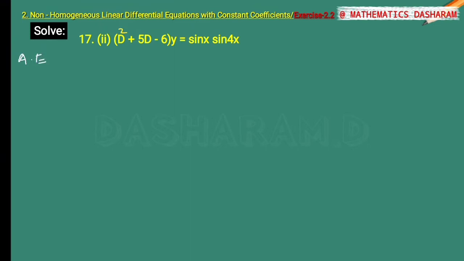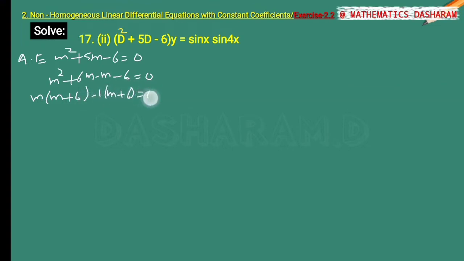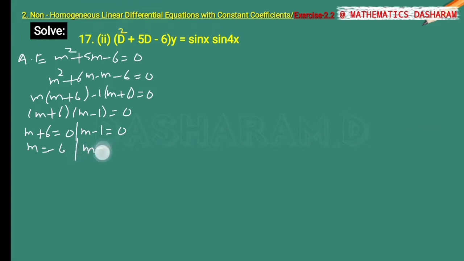So the auxiliary equation is m² + 5m - 6 = 0. So m² + 6m - m - 6 = 0. Take m common, m + 6, and -1 common, m + 6. Now m + 6 is common: (m + 6)(m - 1) = 0. So m + 6 = 0, m - 1 = 0, m = -6, m = 1.